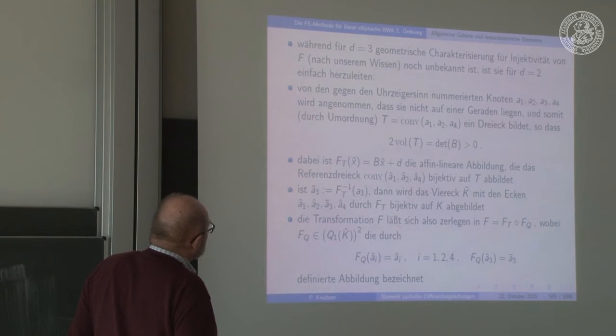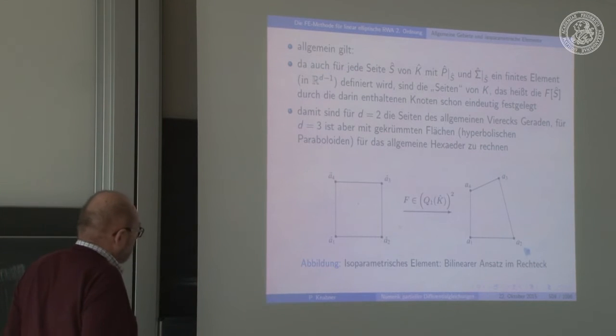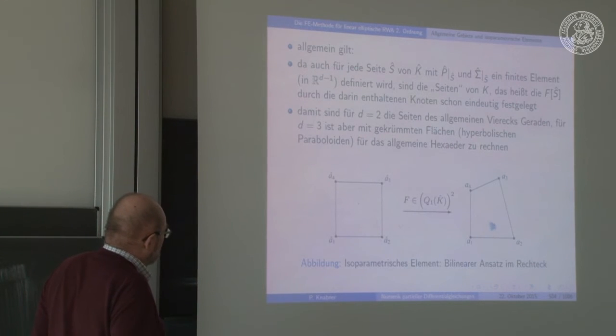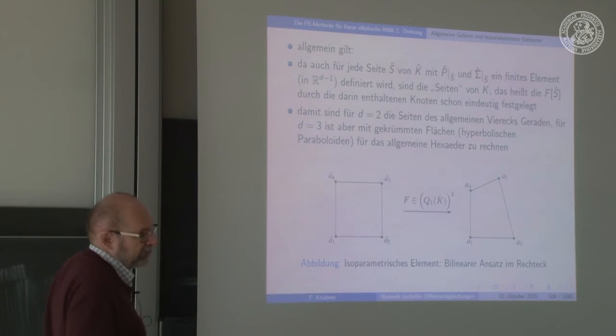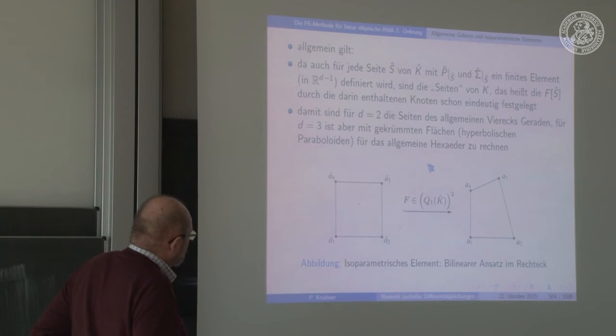Okay, that means A1, A2, A3 are in general position, in allgemeiner Lage, or otherwise stated, the connection vectors A1A2 and A1A4 are linearly independent, that is, they produce a triangle as their convex hull. So we have here a triangle A1, A2, A4.